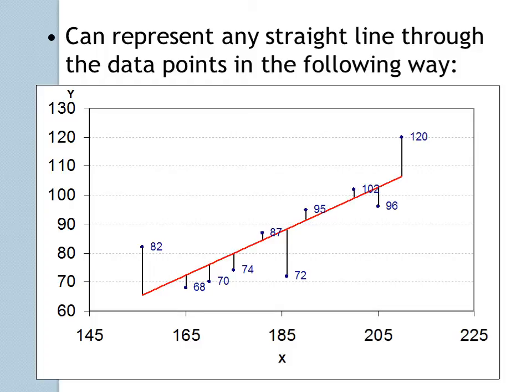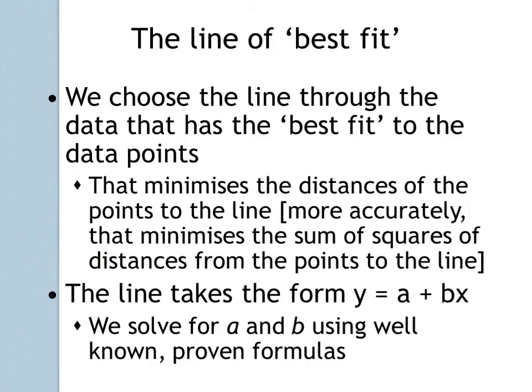Therefore, it is the line of least squares. So this regression line that we plot through all the data points is also known as the line of best fit. And we call it that because this line is supposed to fit the data best.